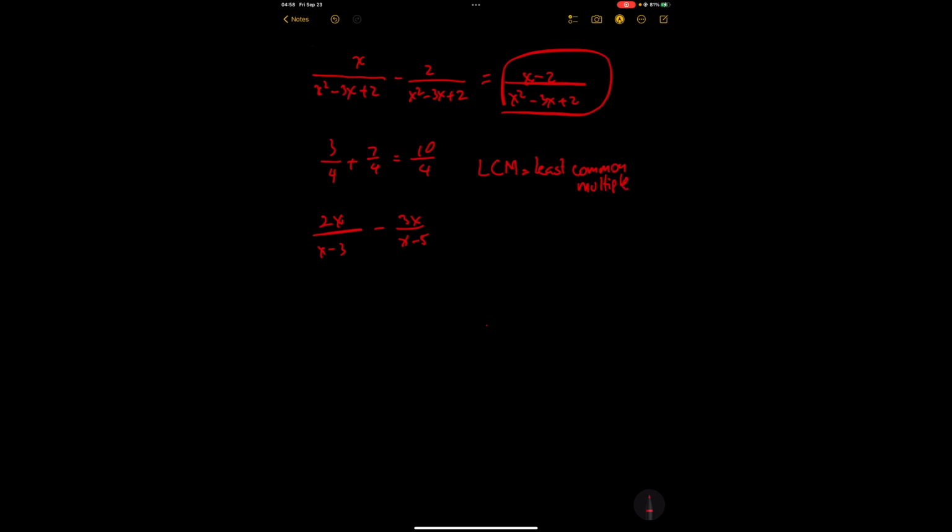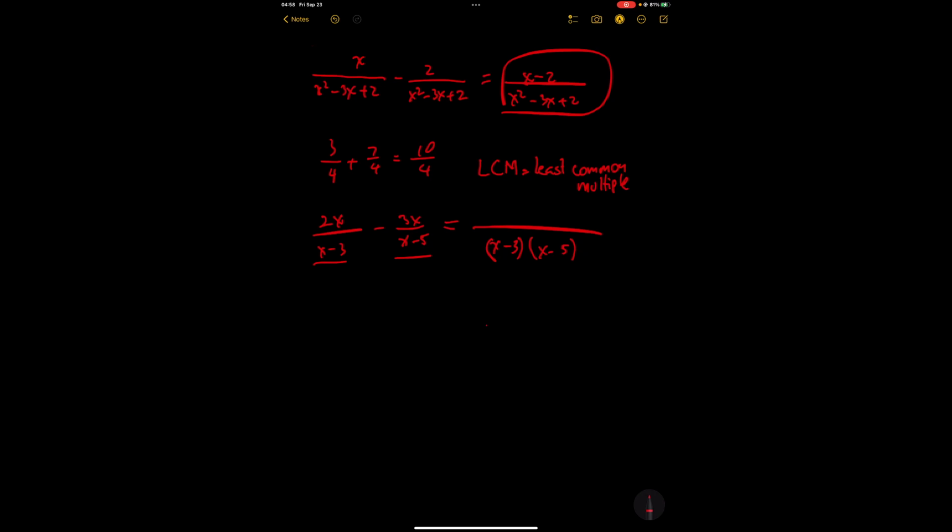So in this case, we're going to find the least common multiple for these two denominators. And because they have nothing in common, we simply multiply them. So we're going to have x minus 3 times x minus 5. That will be the least common multiple of these two.